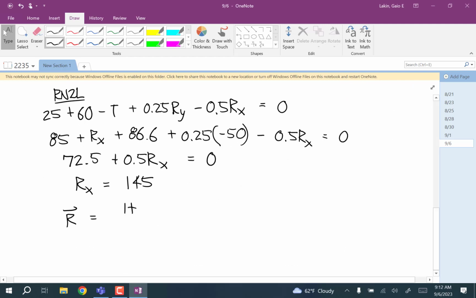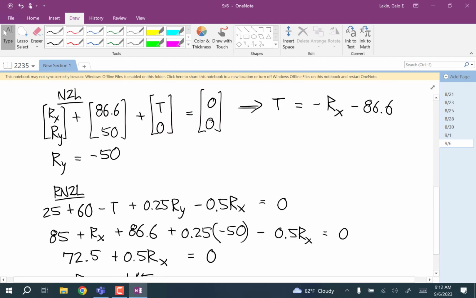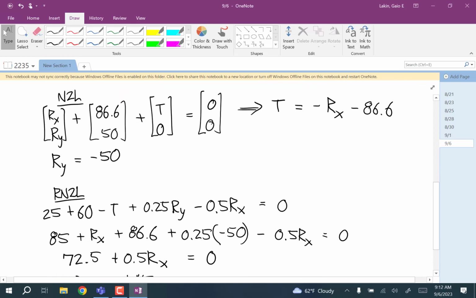Okay, so I think we get 145, minus 50. That's newtons. And then the tension is what, minus 145 minus 86.6?